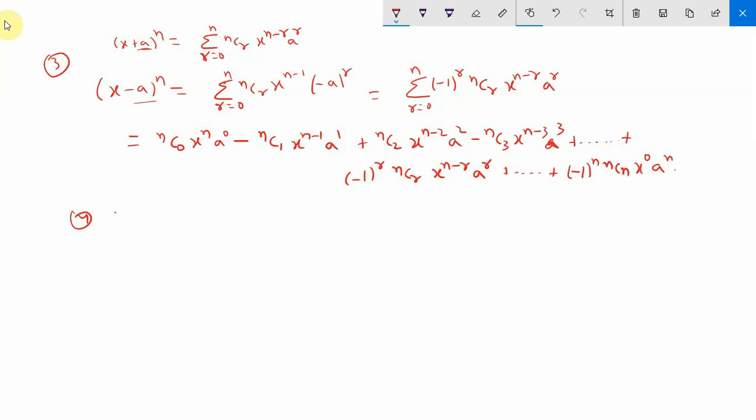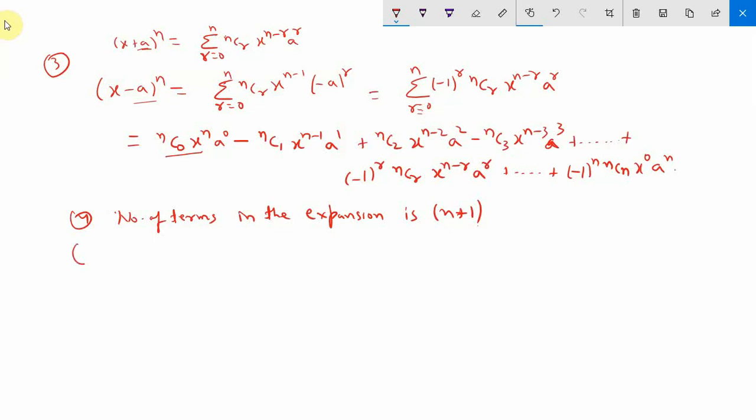So the number of terms in the expansion is n plus 1. Okay, you can see r varies from 0 to n. So r equal to 1 to n will be n terms, and it is including 0 also, this term. So the total number of terms in the expansion is n plus 1.